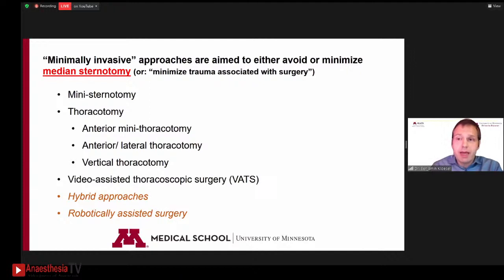Avoidance of cardiopulmonary bypass in those really vulnerable, small, low-weight pediatric patients is very helpful. Robotically assisted surgery has gained traction in adult cardiac surgery, but it's still mostly in its infancy in the pediatric population. This is mostly related to the limitations in patient size and instrument sizing, although there is interest and there is continued research in that field.